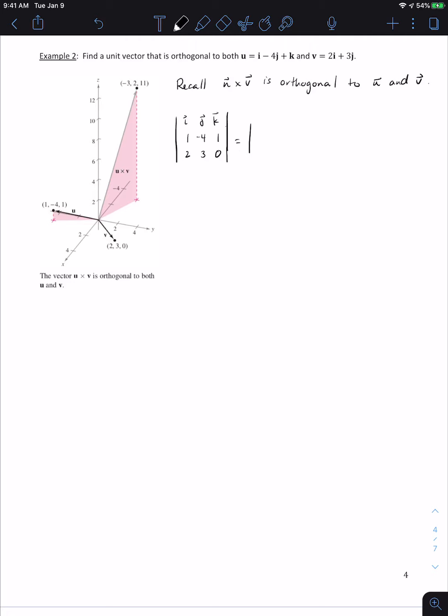So this ends up being the determinant of -4, 1, 3, 0 times i, minus the determinant of 1, 1, 2, 0 times j, plus the determinant of 1, -4, 2, 3 times k. Scoot it over a little bit. So now I would get 0 minus 3 i, minus 0 minus 2 j, plus 3 minus negative 8, or plus 8, k.